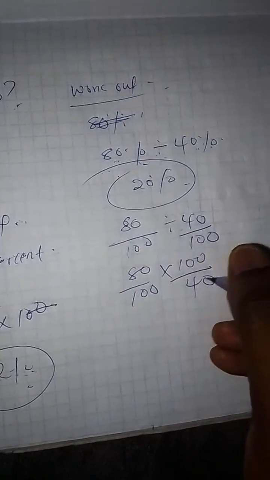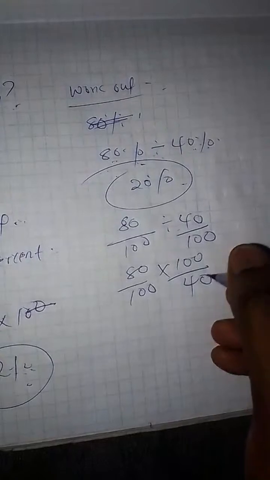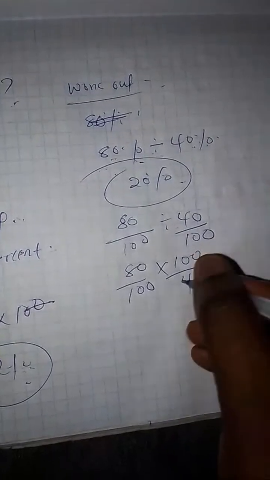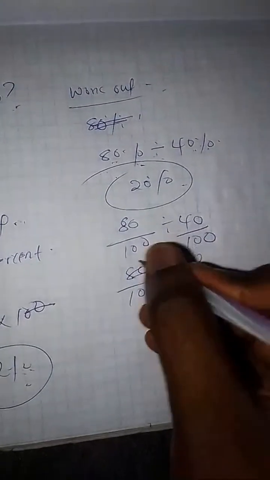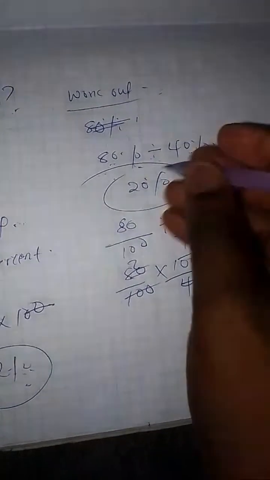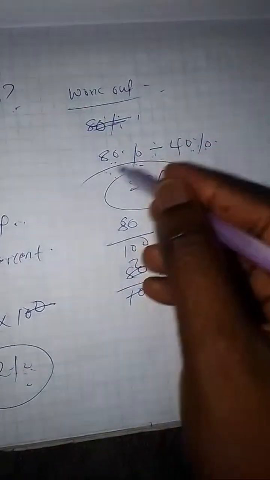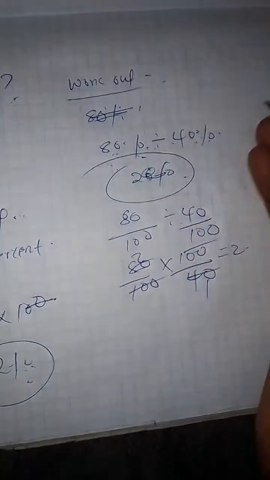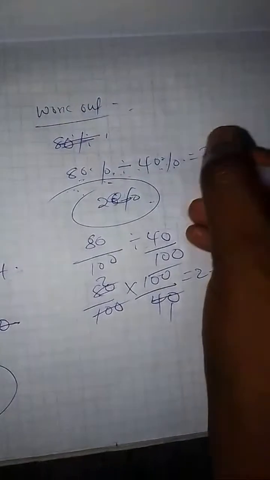So 4 into 8 is 2. Sorry, it is not 20%, but 80% divided by 40% is 2. So this one is equal to 2.